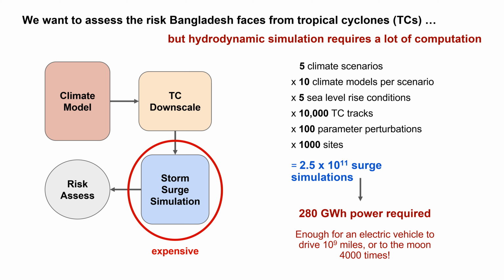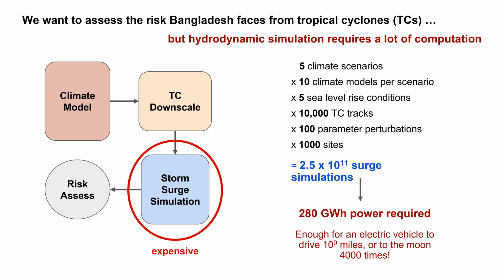So to give an example, let's say we have 5 different climate scenarios. These might be current climate or future climate that we want to risk assess on, and different organizations produce slightly different models for different climate scenarios. So there's 10 climate models per scenario, and we don't know how much the sea level will rise in the future, so it could rise some amount of centimeters or more than that or less than that.